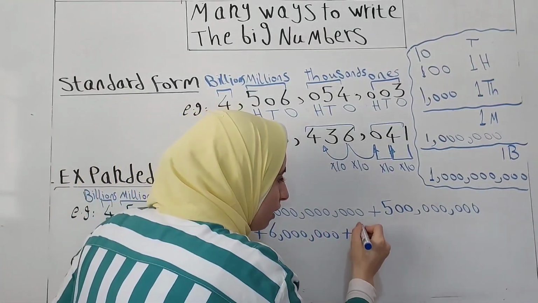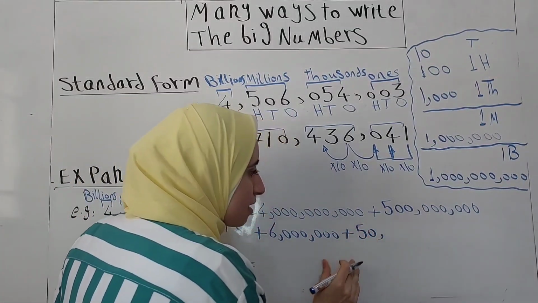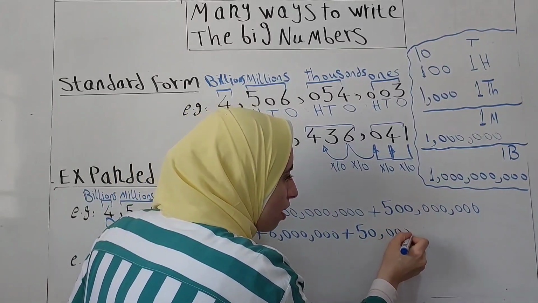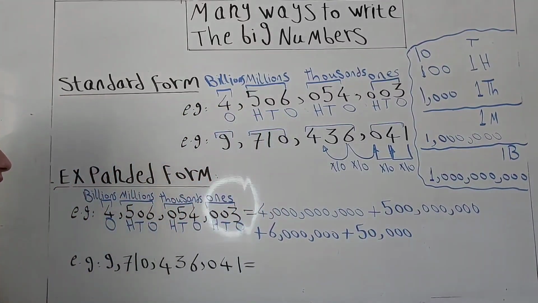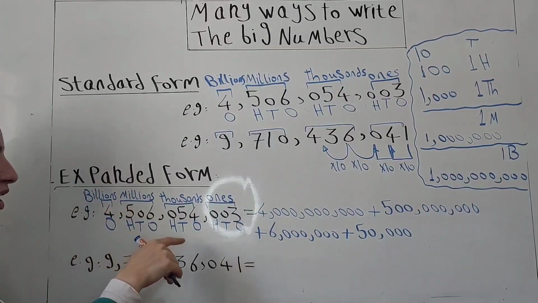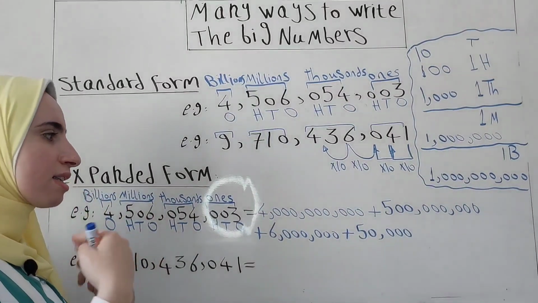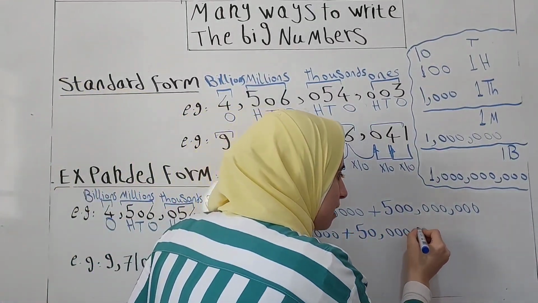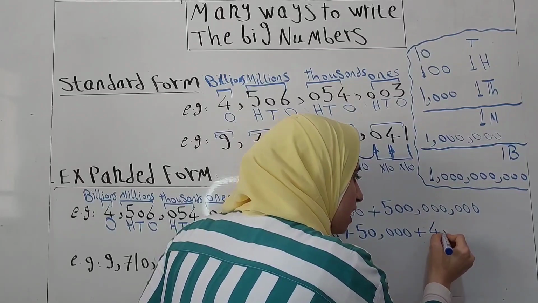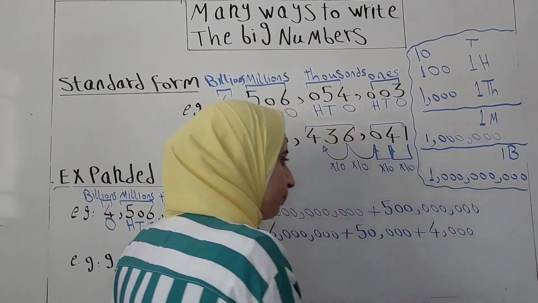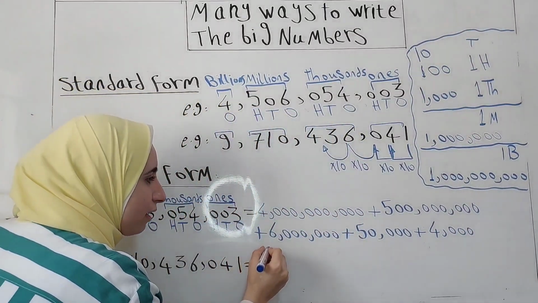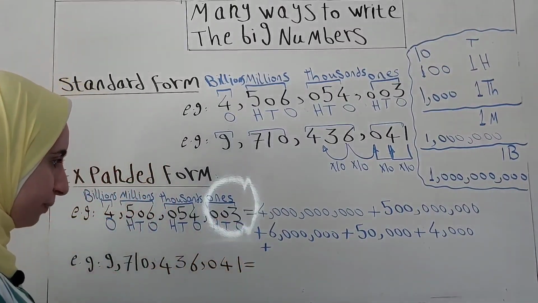First we write 50, then 3 zeros. Now the next digit is 4. 4 is in the thousands place, so we write 4,000, then a plus sign.